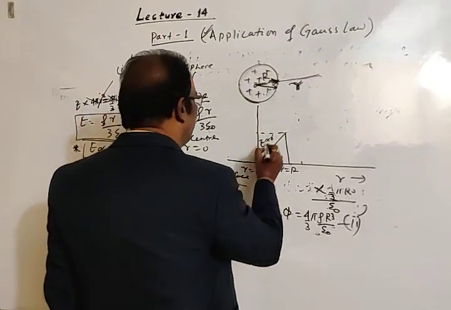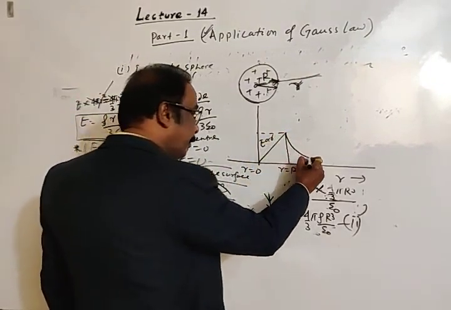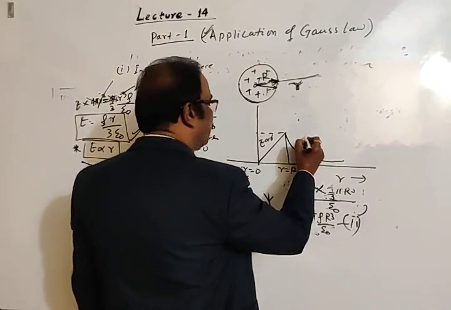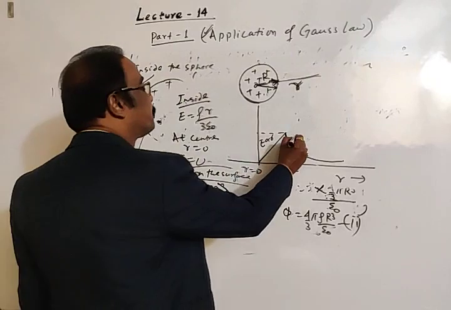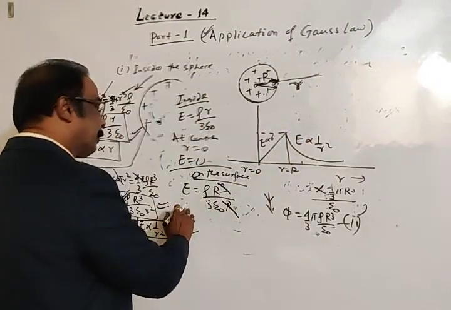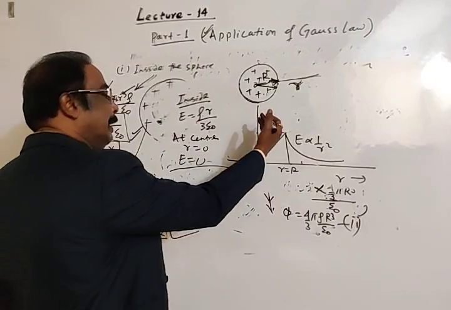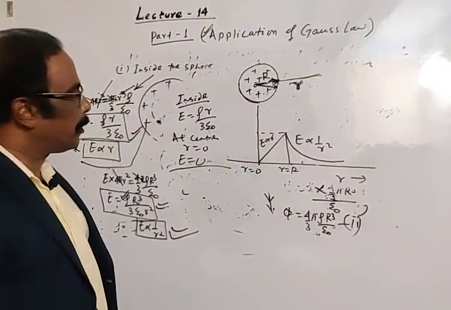This is the value. But as we move away from the surface, outside, the electric field is inversely proportional to the square of the distance.